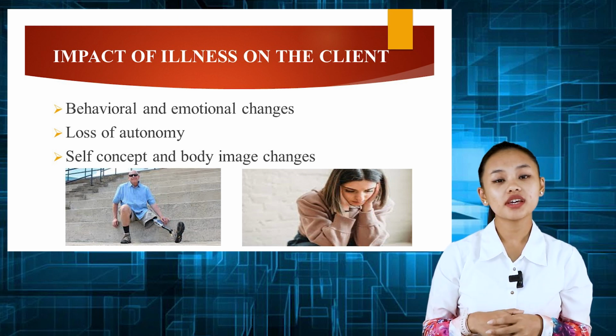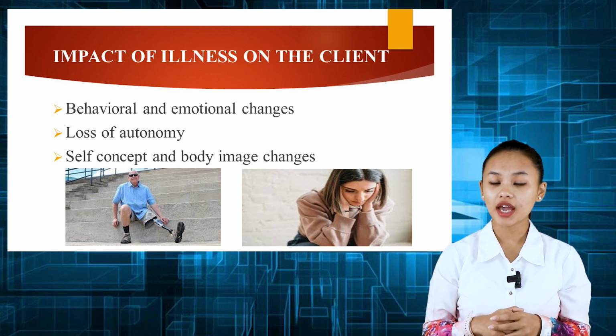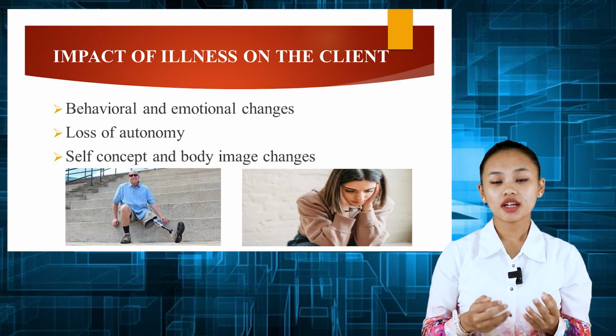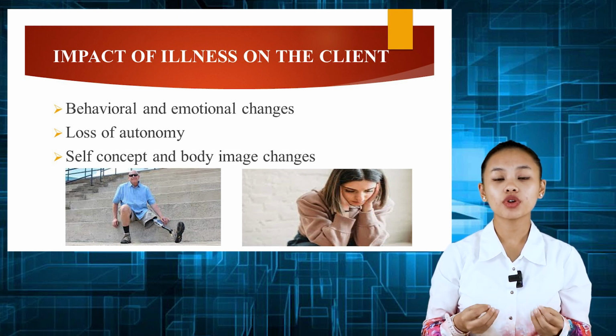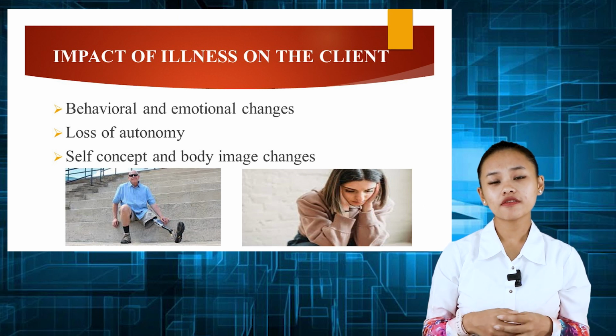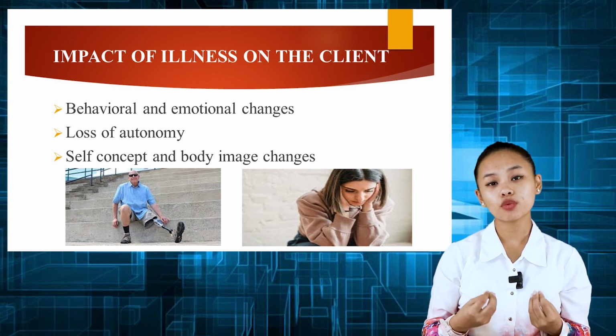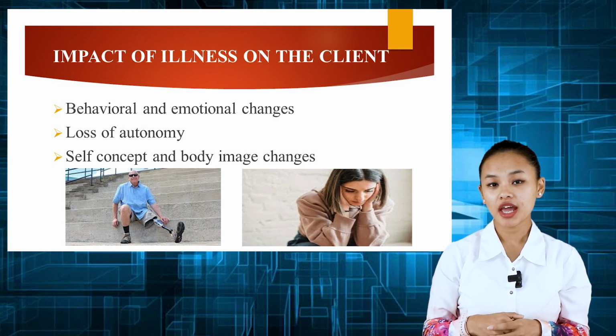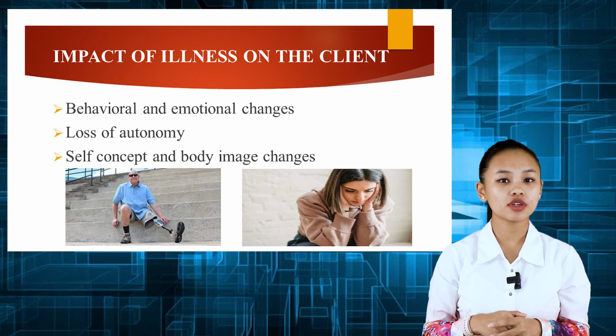The third one is the self-concept and body image changes. Self-concept is nothing but the way we perceive our own abilities or our behavior. So, when one becomes sick, the self-concept which we have changes, as well as the body image.